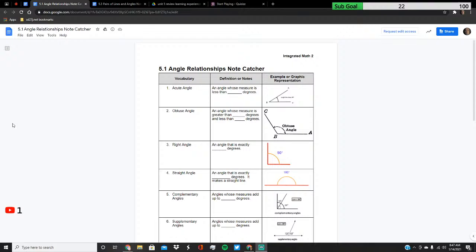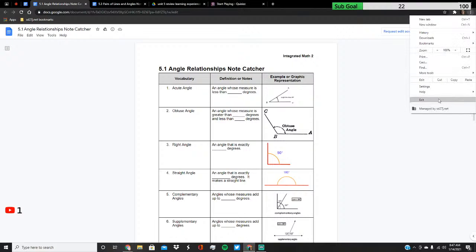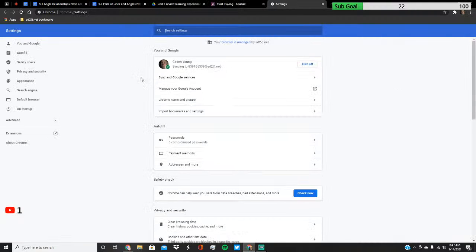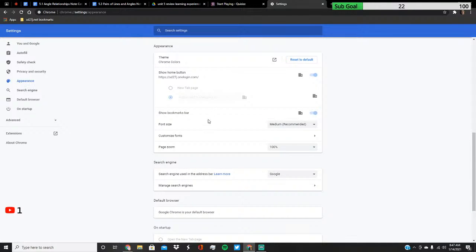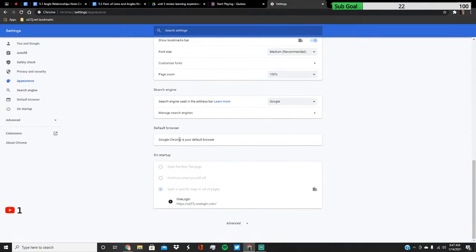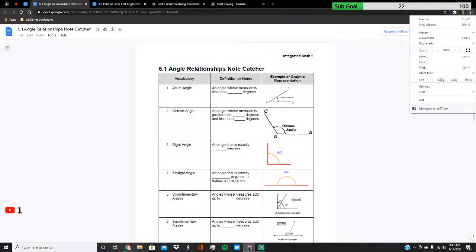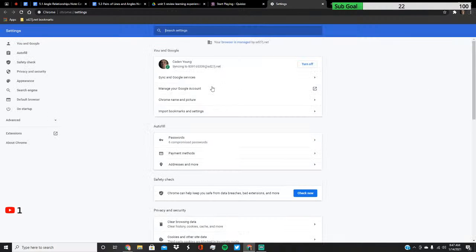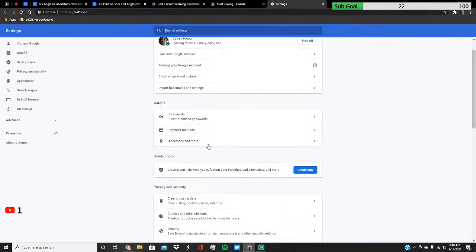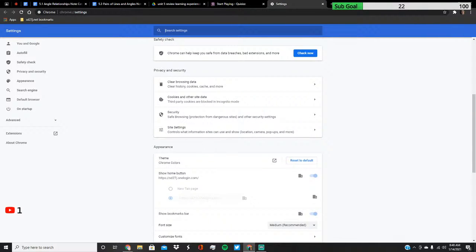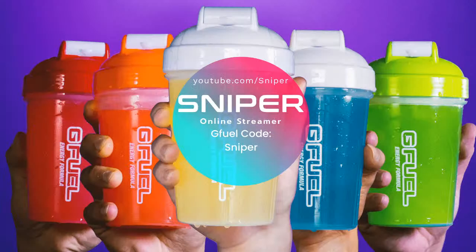Look at your warm-up. Alternate interior, alternate exterior, consecutive. What do you say, guys? What is the relationship between 8 and 11? And those of you who responded, 30 of you responded, you see the answer key. So you should be able to see it.